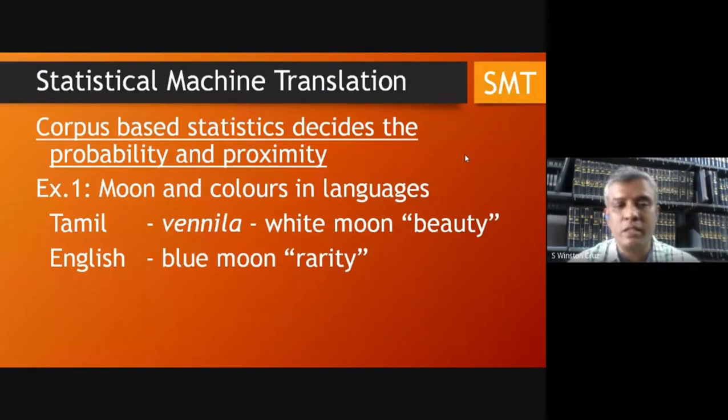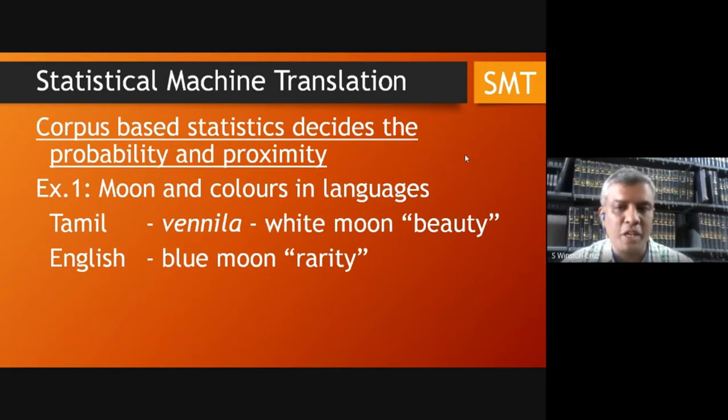For instance, the Tamil word vanilla, right? The example I'm talking about is moon and colors, and how our languages use them. The Tamil word vanilla is a compound which means white moon. And it is used to refer to beauty. Her face was like vanilla, or something like that.